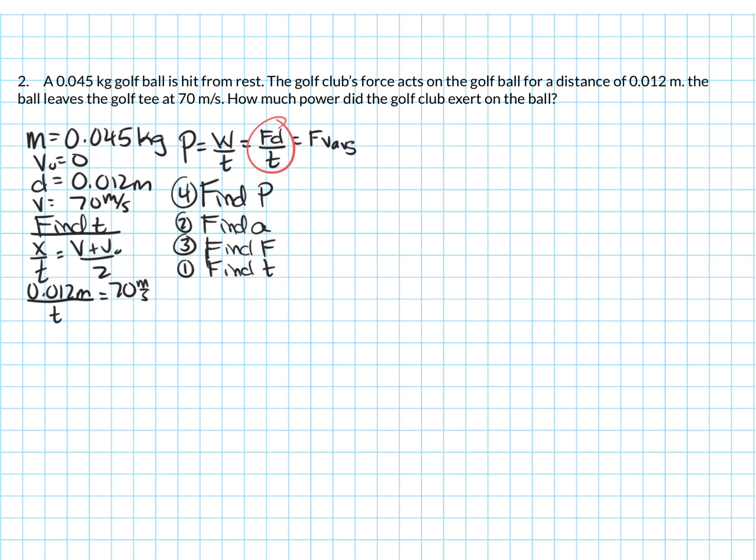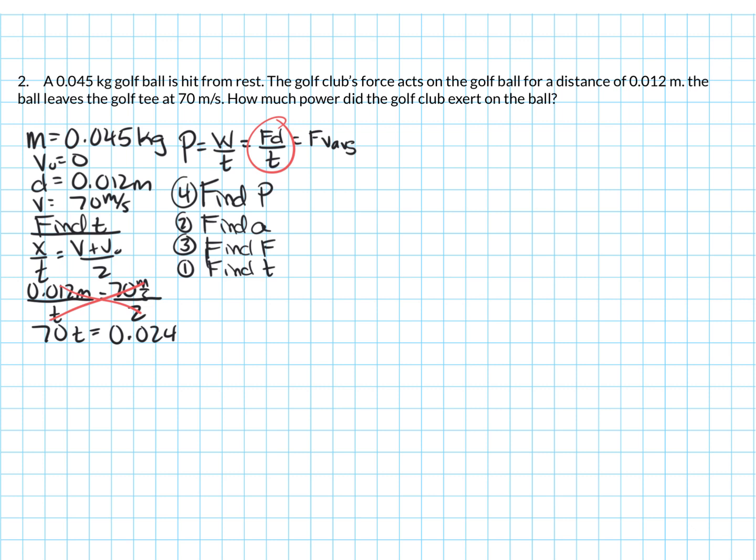I'm not going to write the zeros because they just go away anyway. So 70 plus 0 divided by 2. Now I'll cross multiply to get my T. That makes 70 times T equal to 2 times 0.012, which is 0.024.